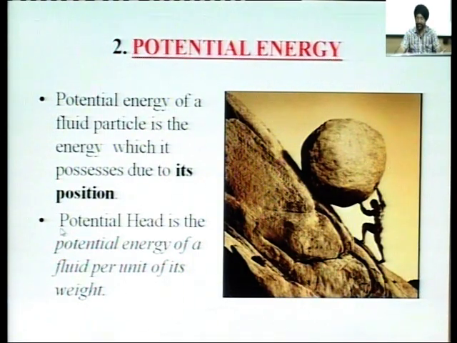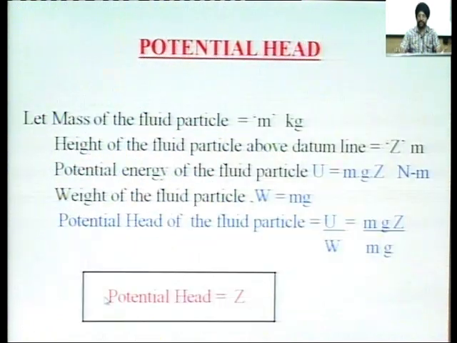So, what is potential head? It is potential energy per unit of its weight, just like kinetic energy. Kinetic head is kinetic energy upon weight. So, here the potential head is potential energy upon weight. Look at the expression.